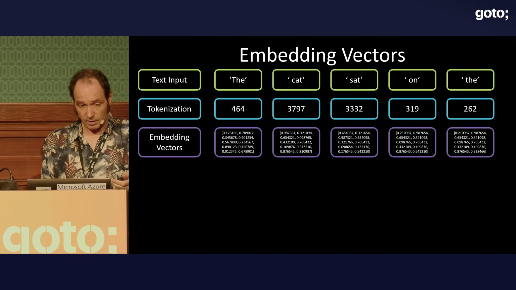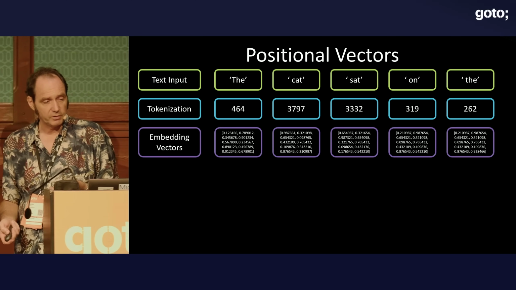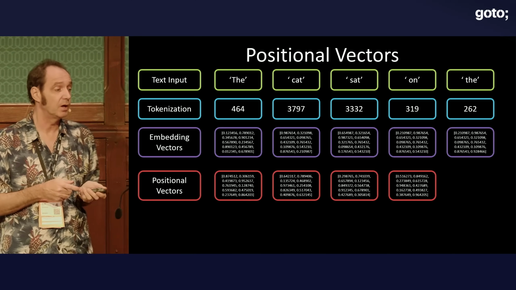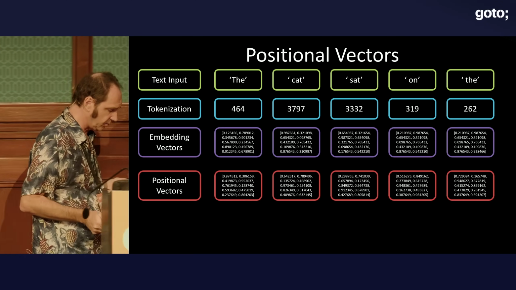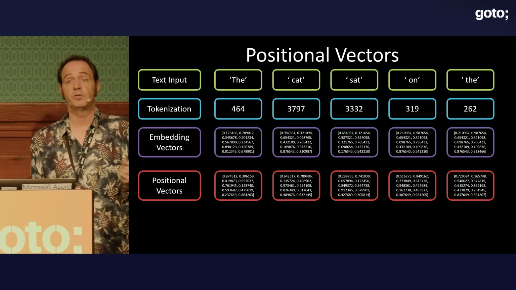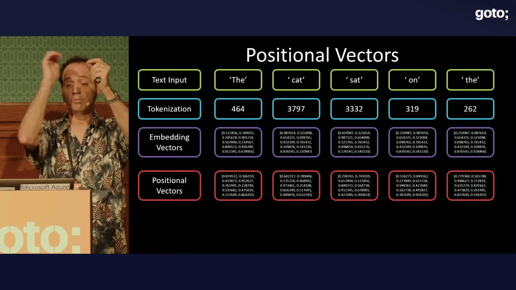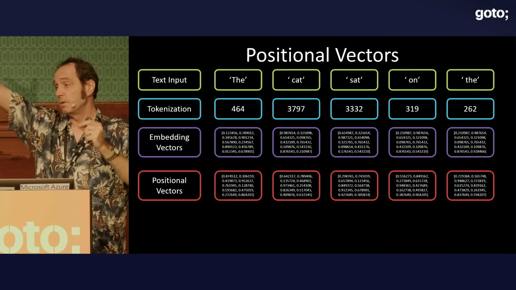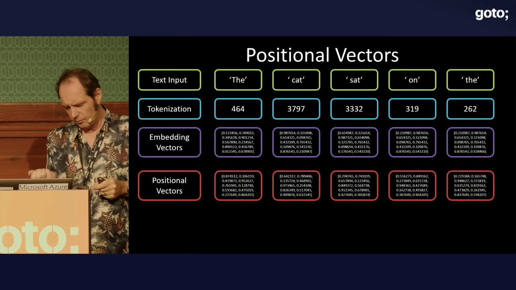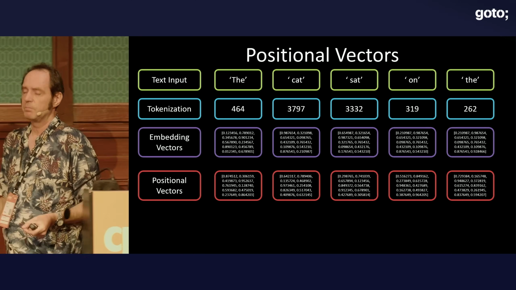The next thing we're going to get is the positional vectors. And there's also a positional lookup table. And what we feed into the positional lookup table is the actual position of the token. So this will be 0, 1, 2, 3, 4. And we perform those lookups. Now, the positional vectors are going to give some kind of a meaning of the position.